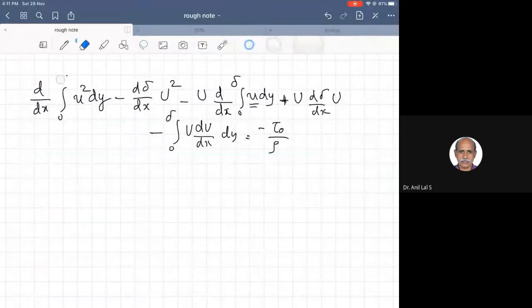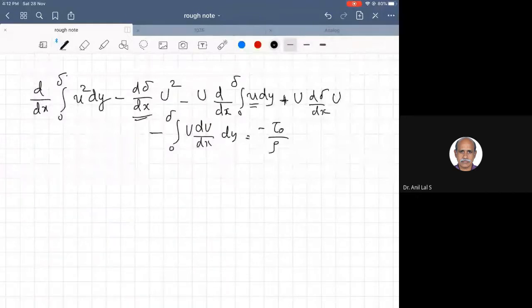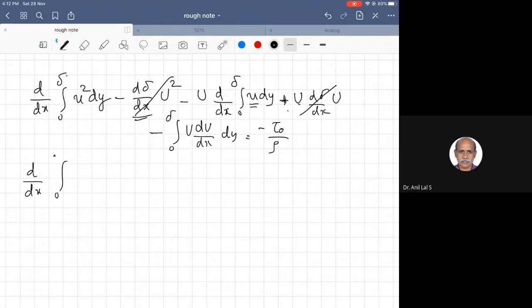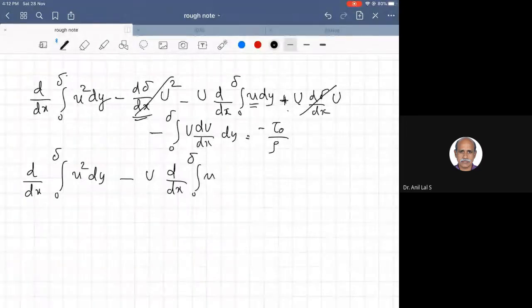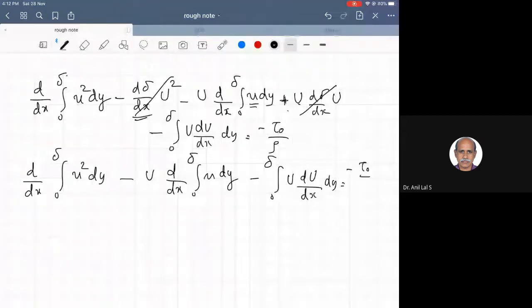Now d delta by dx u squared minus and plus u squared d delta by dx, so these cancel. So we are having d by dx of the integral 0 to delta of u squared dy, minus capital U into d by dx of the integral 0 to delta of u dy, minus the integral 0 to delta of capital U du by dx dy, is equal to minus 1 and this is that.